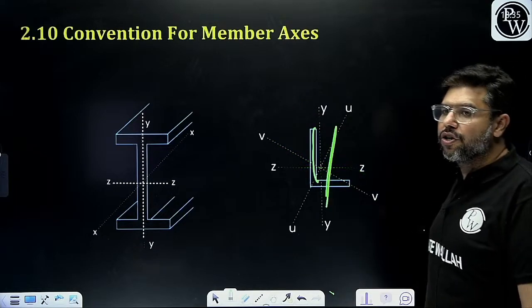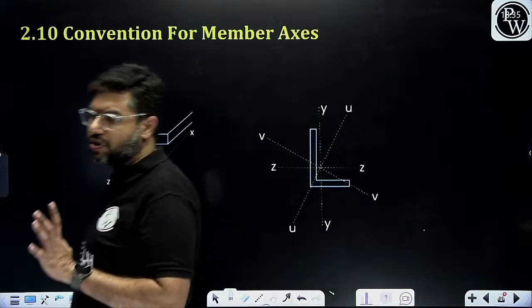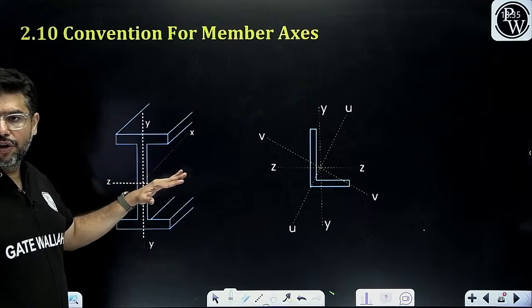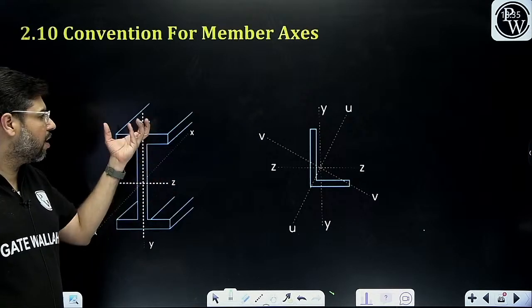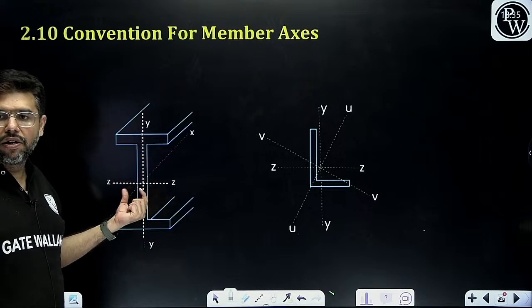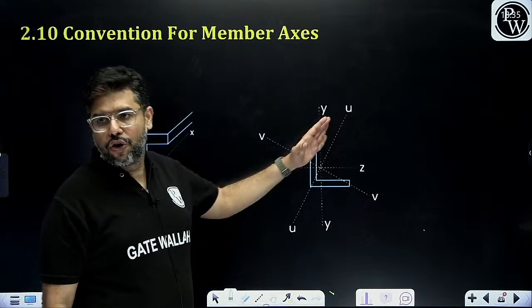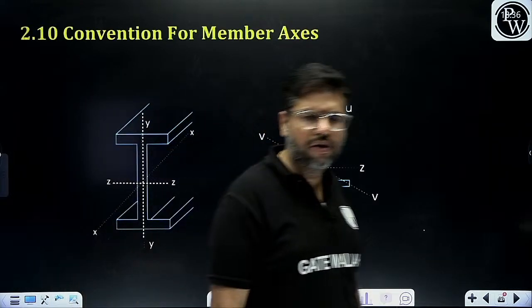This is the convention for member axis that I will adopt throughout steel structures. For I section, ZZ axis is perpendicular to the web, YY axis is perpendicular to the flanges. ZZ is the major axis and YY is the minor principal axis. For angle section, UU is the major principal axis and VV is the minor principal axis, which you have already studied in strength of materials also.